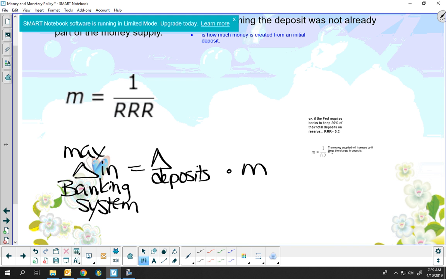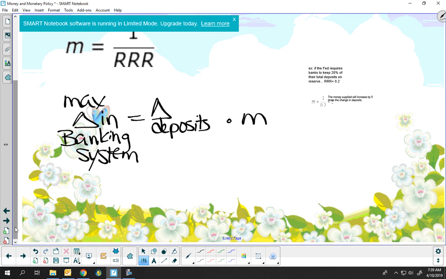But sometimes they'll ask you, what is the change in money supply? Not the banking system, but what's the max change in money supply? And it is different. It's similar, but it's different. So it says max change in money supply. That is money in circulation.